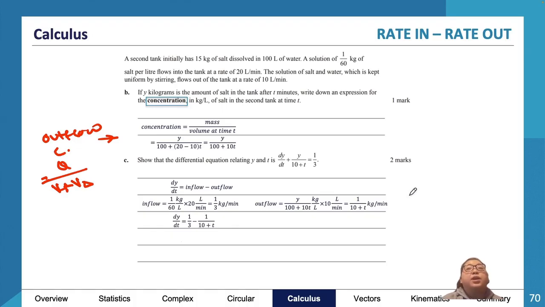Okay, so then we want to put this all together to prove that it's equivalent to that. So we'll have dy/dt plus y over 10 plus t equal to 1/3. And remember that our y was equivalent to 100 plus 10t in the first place.